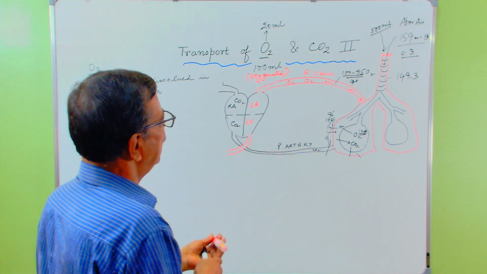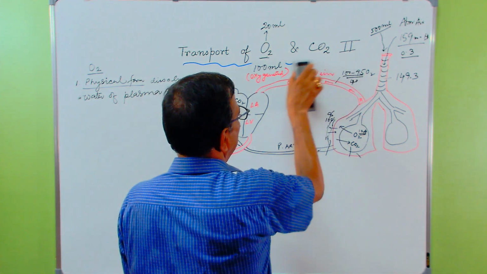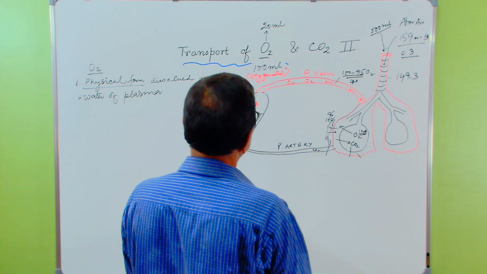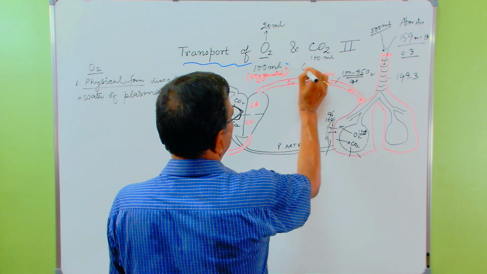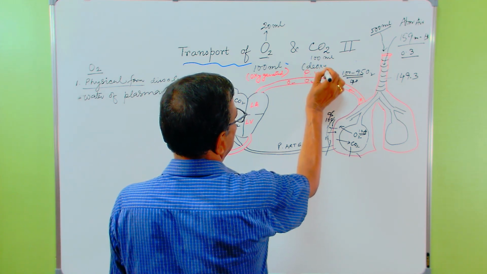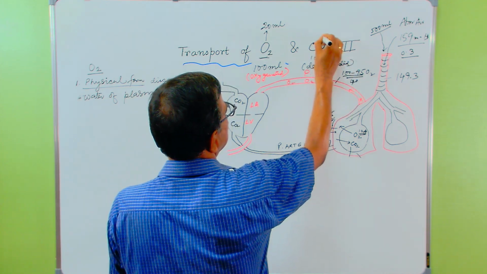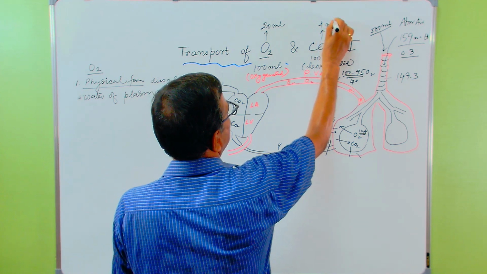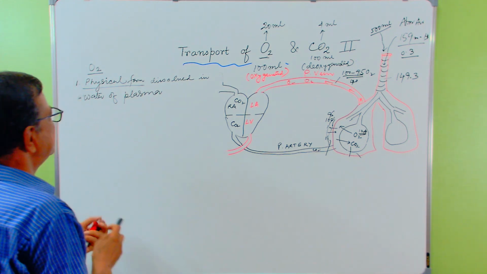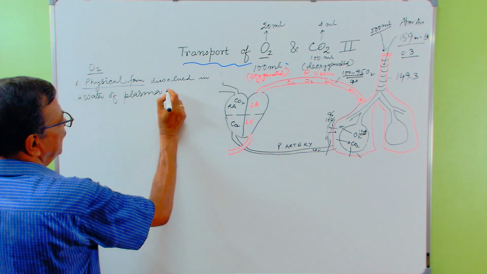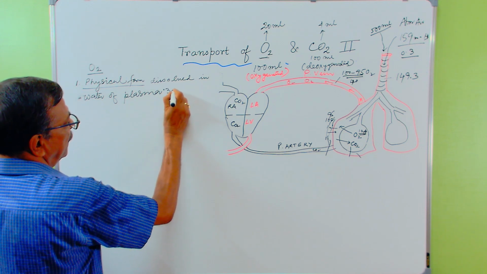In 100 ml of carbon dioxide rich, or I should say deoxygenated, blood, the CO2 is 4 ml. Now 3% remains in physical form out of 100, that is 0.3 ml.